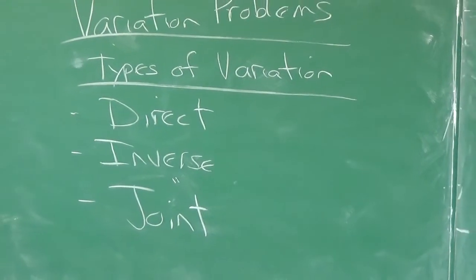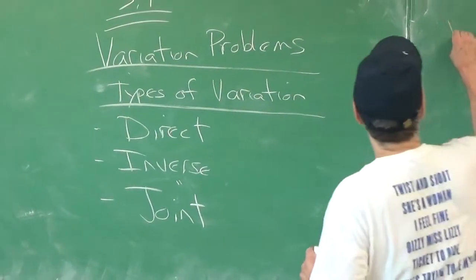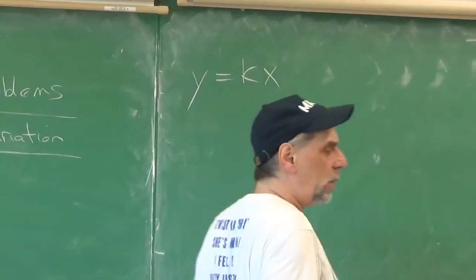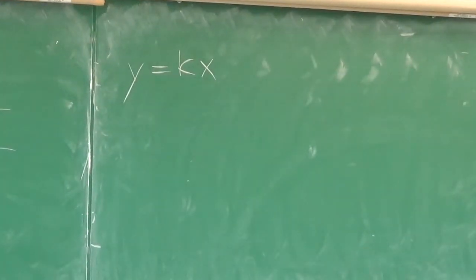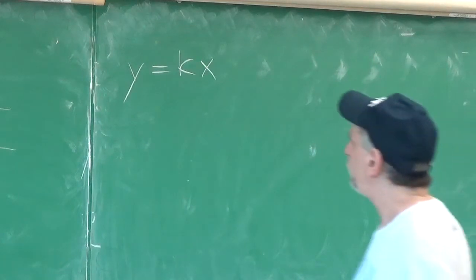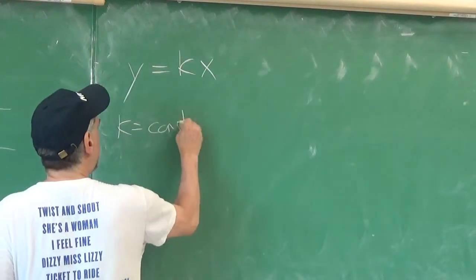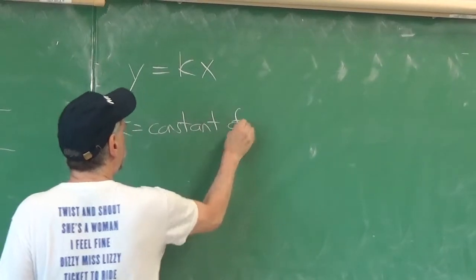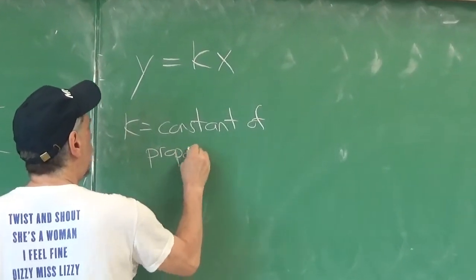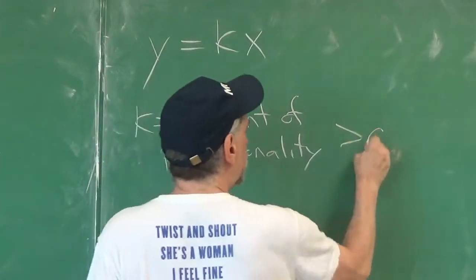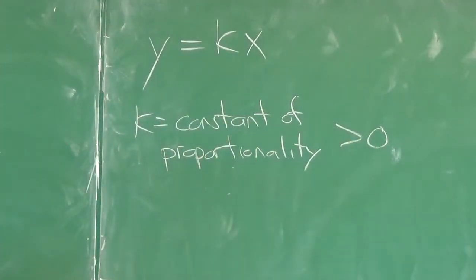All right, so basically what's going on here is we're going to have something like this, where x and y are the two things that are varying with each other. And k is what we call a constant of proportionality. And the constant of proportionality is always going to be a number greater than 0.